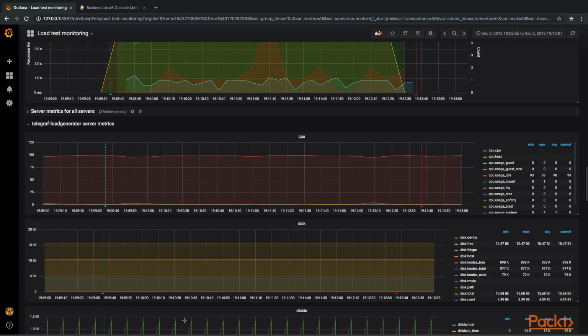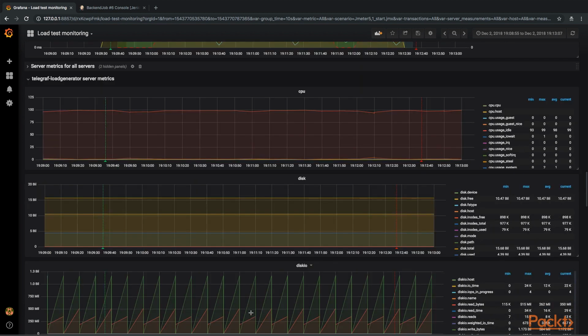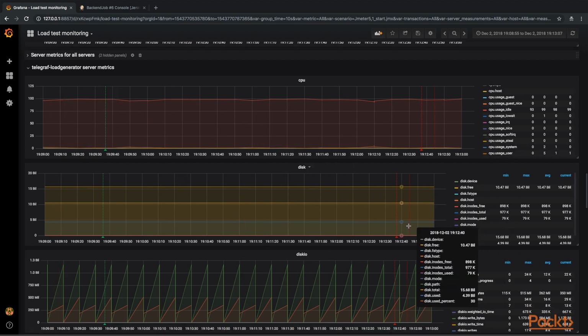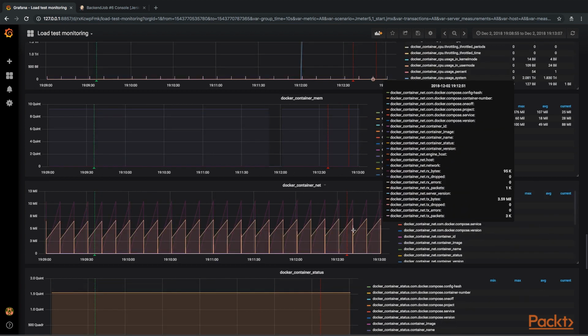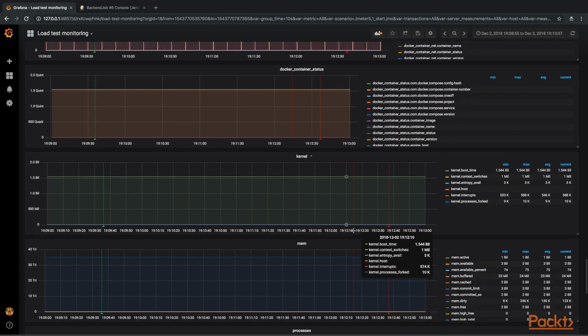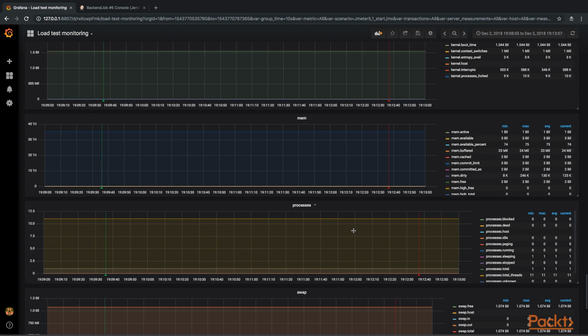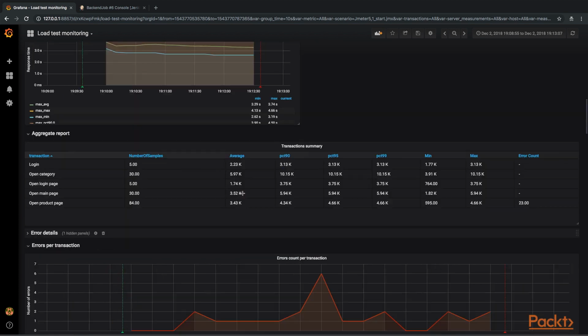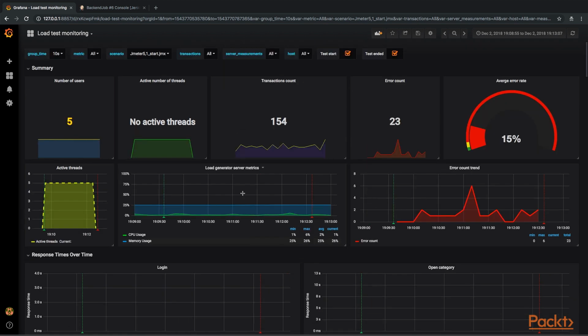And also in this dashboard you can see some server-side metrics for your server, or in our case the load generator: CPU, disk I/O, Docker metrics, memory, kernel, and a lot of other stuff. So these are the basics of which metrics we need to fetch and pay attention to while analyzing our test.